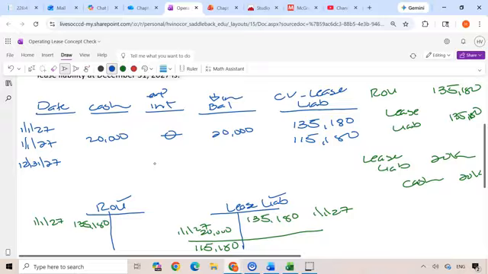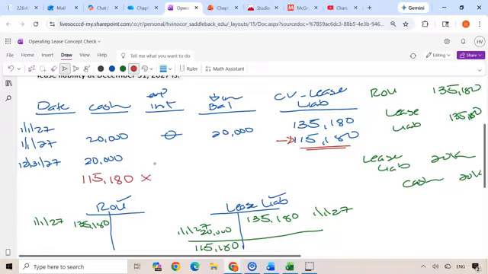On 12/31, we made another $20,000 payment, but now there is an interest component to that payment, right? And that interest component is going to use our beginning carrying value of the liability, because that's what you pay interest on. You pay interest on the liability, which is $115,180.